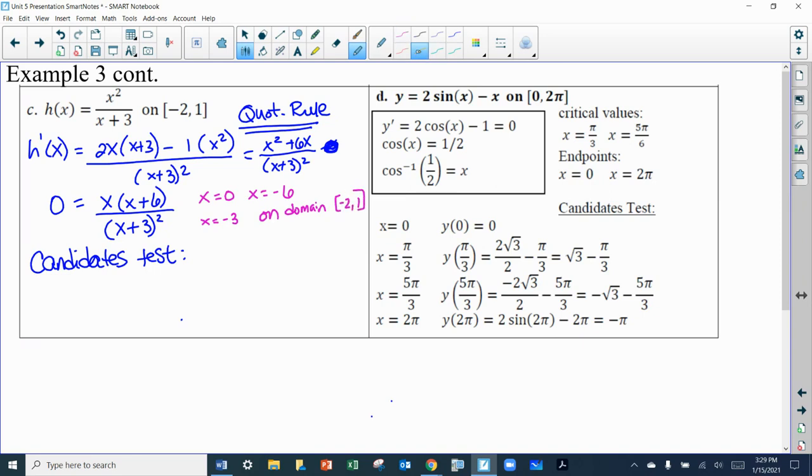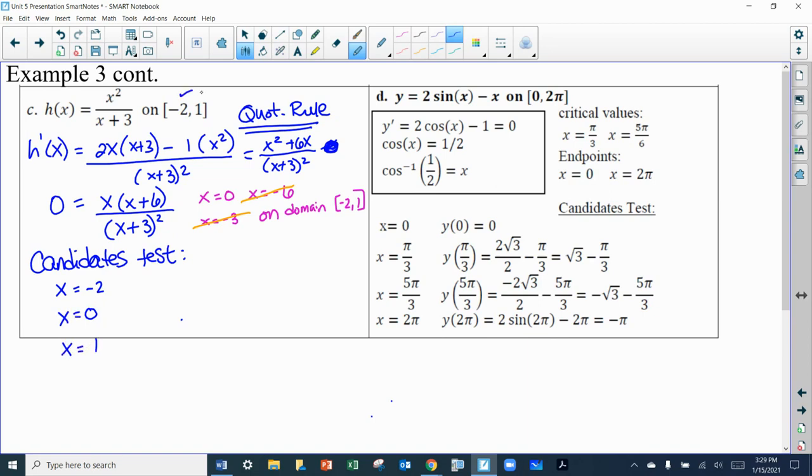So if you have a different color pen or pencil, let's just indicate that we're knocking 2 of those candidates out because they don't fall within the domain, which I'm fine with because it just helps create fewer candidates and a little less work.